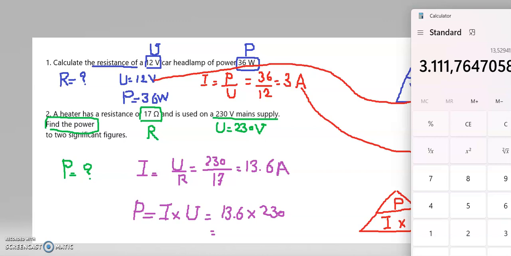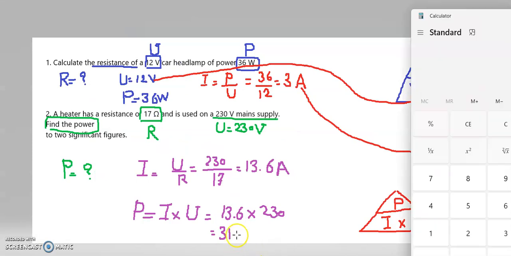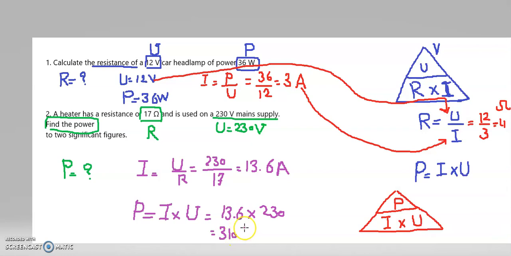Okay, so this is the answer. And did I do that correctly? Because that doesn't sound right. Okay, 13.5 times 230 is 3,105.